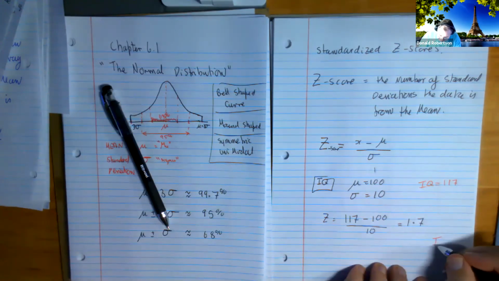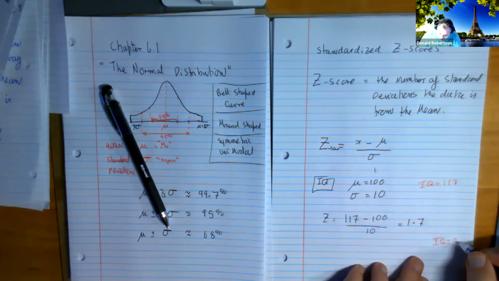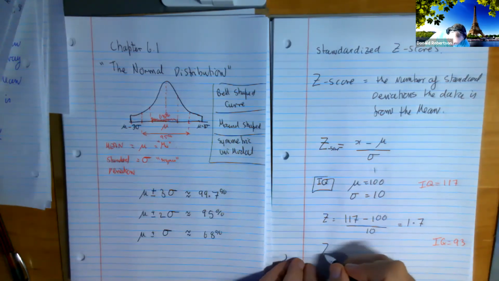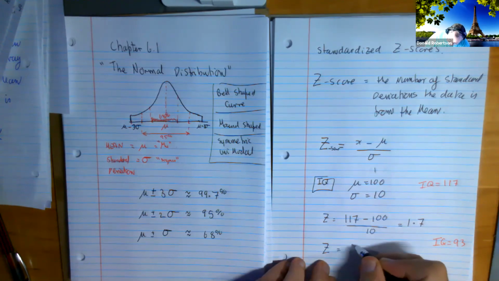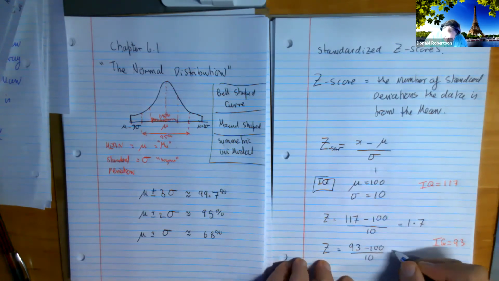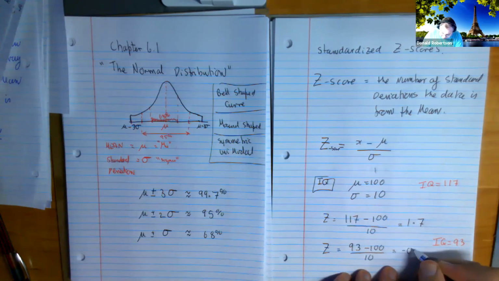Suppose he had a friend whose IQ was 93. Well, the z-score is 93, take away 100, over 10. And can you see in this case, the z-score is negative 0.7.